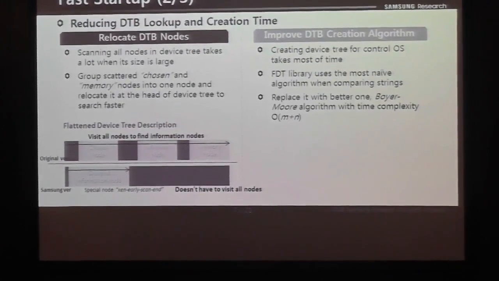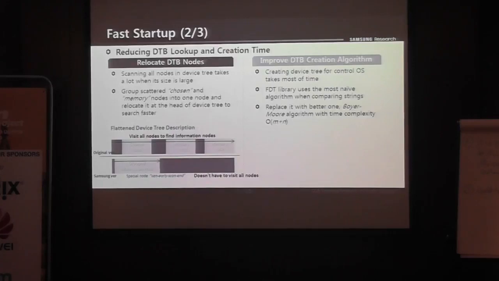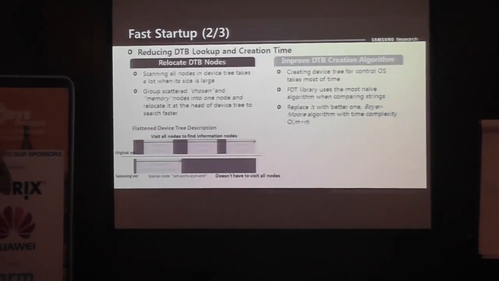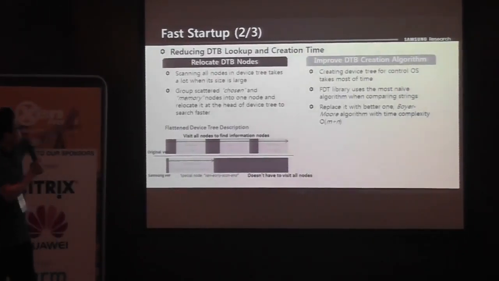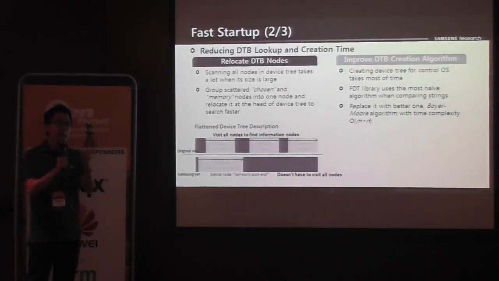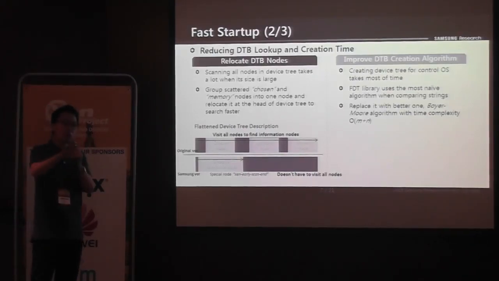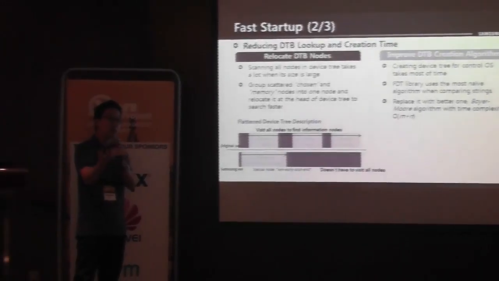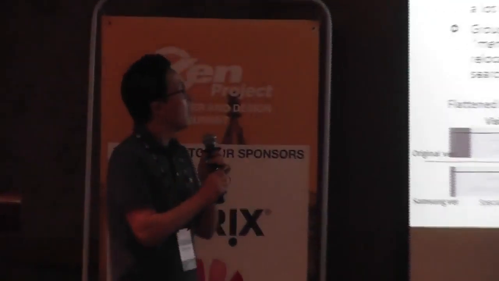The second technique is on DT manipulation. In order to start up, we need special node information like memory information. Basically, we have to scan the entire device tree to get this information.